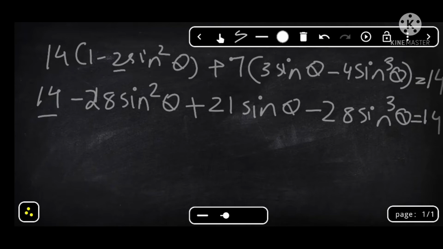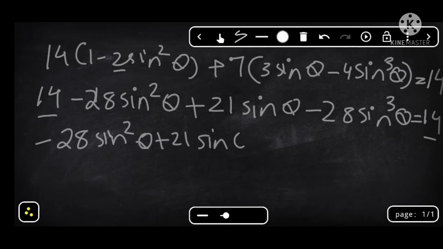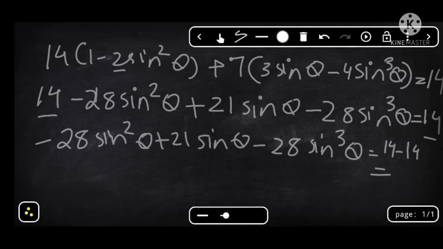Now take this 14 to here. So 14 minus 14 will get 0 there. So minus 28 sine square theta plus 21 sine theta minus 28 sine cube theta equal to 14 minus 14, that is 0.